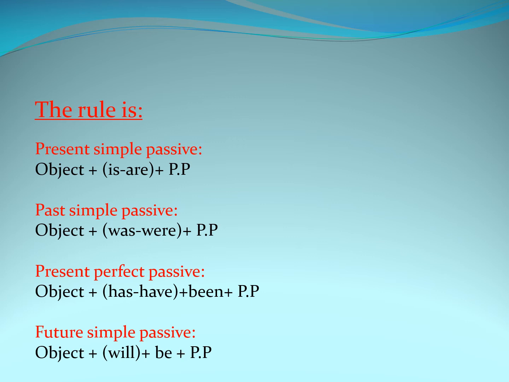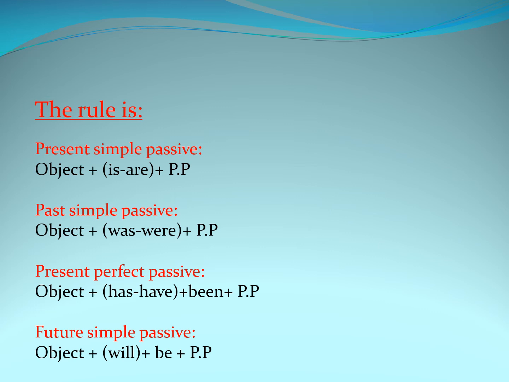Then past simple passive, we start by the object, then we use was or were, and then we use past participle. Present perfect passive, we start by the object, then has or have, then been, then past participle. And the last tense is future simple passive.